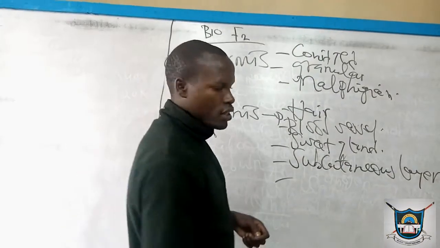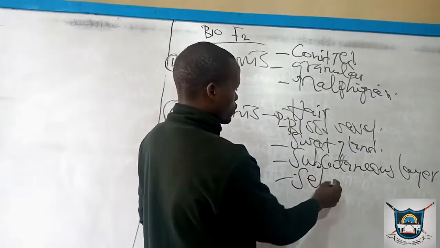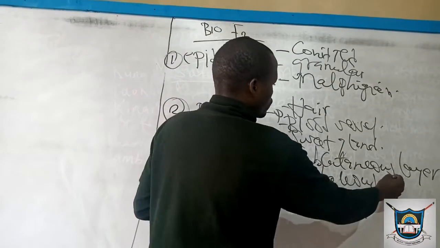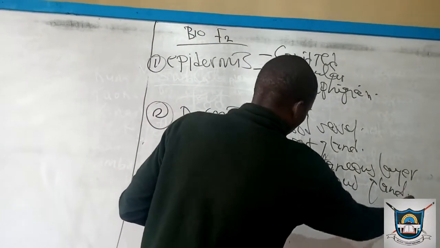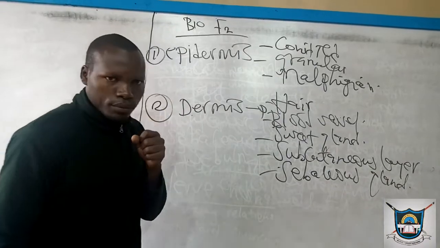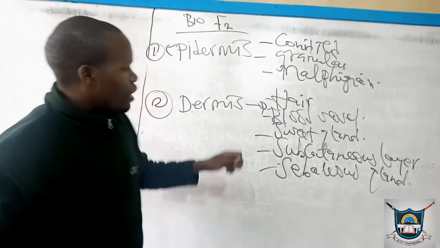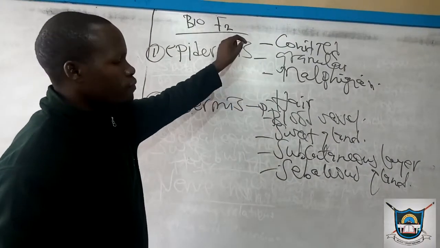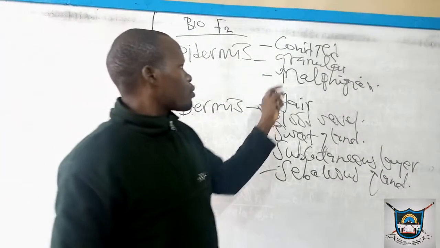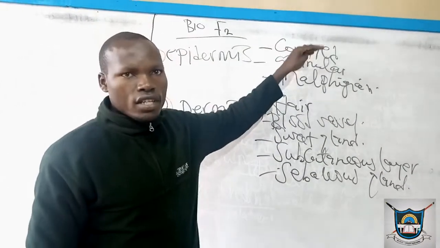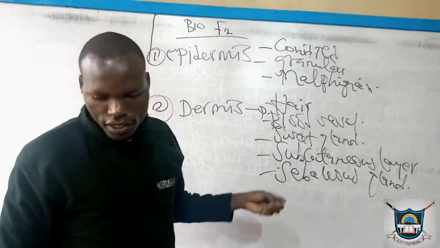We also have the sebaceous gland, among others. Now, having listed all these, go ahead and remember the functions of the various parts that we listed.